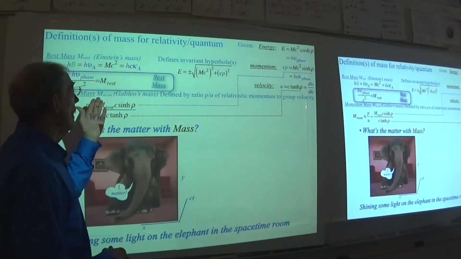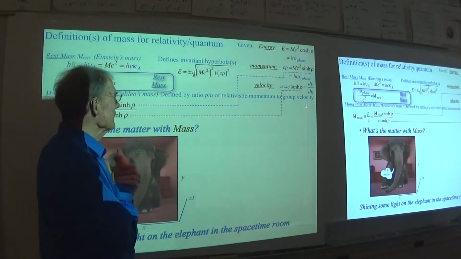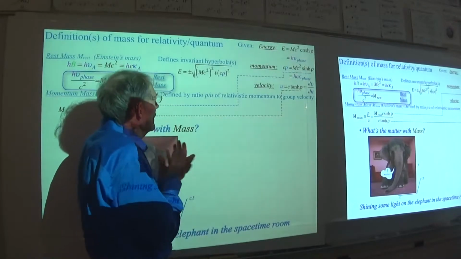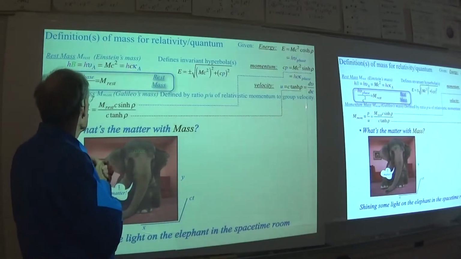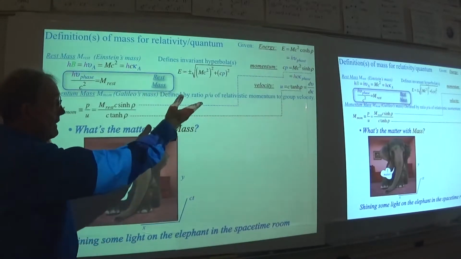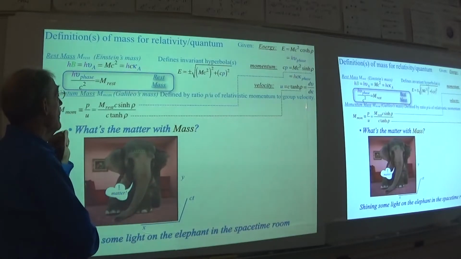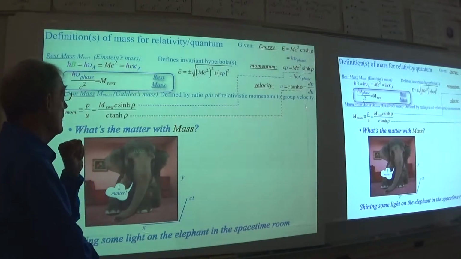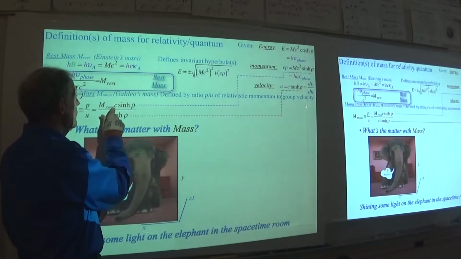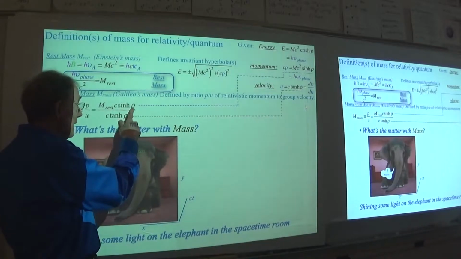First one I can do is go back to Galileo and ask, what did you say momentum was? It was mass times velocity. Okay. If I take your momentum divided by u, don't I get velocity? Yes. Okay, well let's try that. Let's define our momentum using our new ideas for those quantities and the old idea that mass was momentum divided by the velocity. The velocity is a hyperbolic tangent. The momentum, p, is hyperbolic sine.